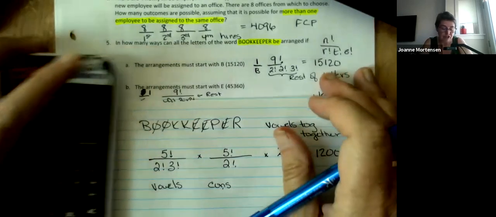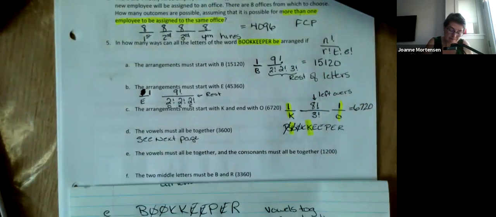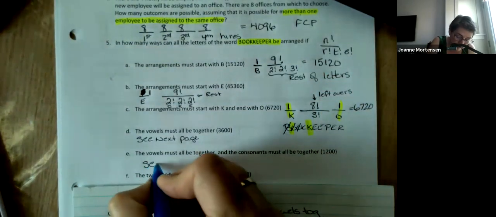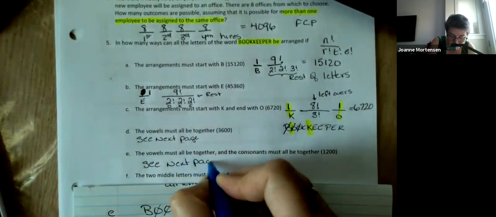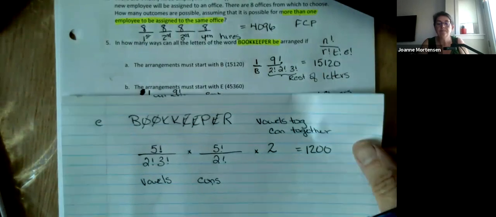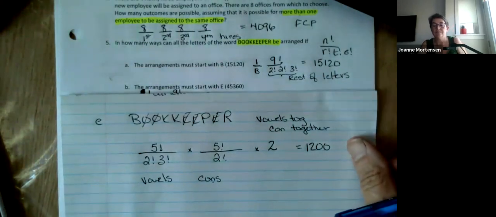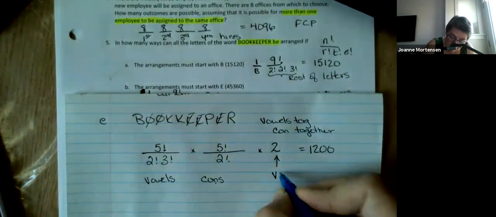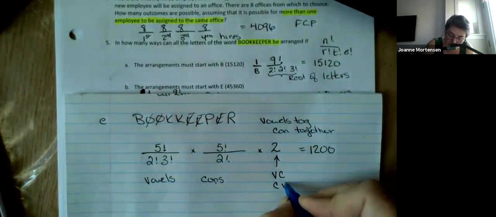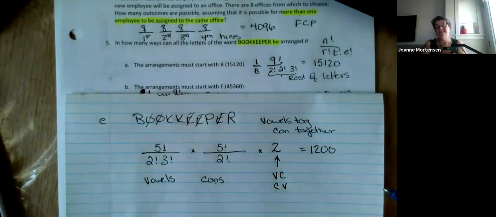That, I'm pretty sure, is what the answer is supposed to be. Okay, sorry. There we go. This part is vowel-consonant, consonant-vowel. You could also have done it as 2 different cases, one where the vowels are first and one where the consonants are first, and then add them together. But that would be exactly like multiplying it through by 2.